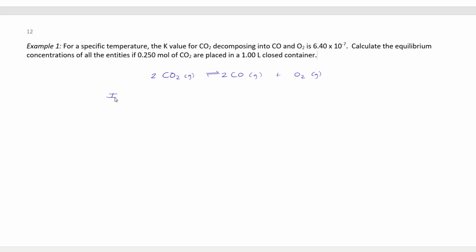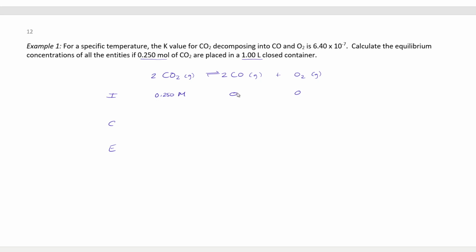I now write out my ICE chart. And so my initial concentration of carbon dioxide is 0.25 moles divided by 1 liter. So that's actually quite easy. That's just 0.250 molar. I'm given no initial concentration of carbon monoxide and no initial concentration of oxygen. So that means that the system is not at equilibrium yet, and it's going to shift right.